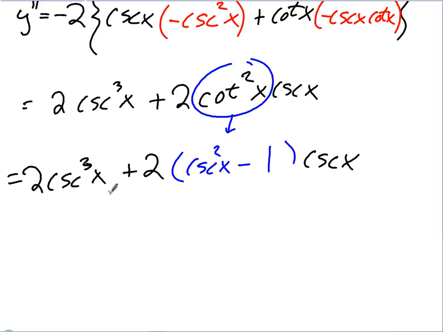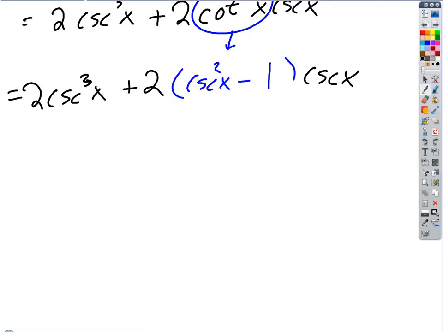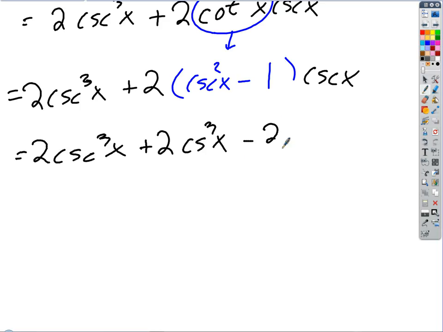Okay. So now if I distribute the 2, what's going to happen? Looks like I get plus 2. Let's go ahead and distribute the 2 cosecant x. So I'm going to get plus 2 cosecant cubed x, right, minus 2 cosecant x.